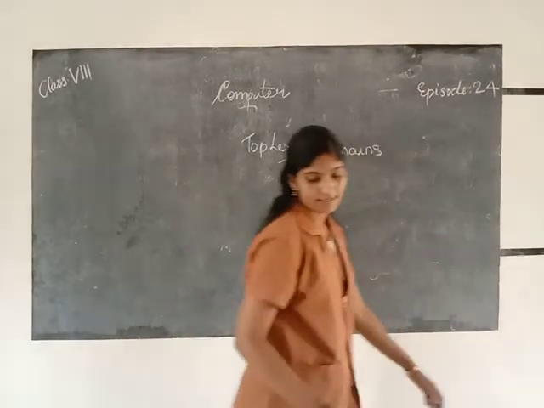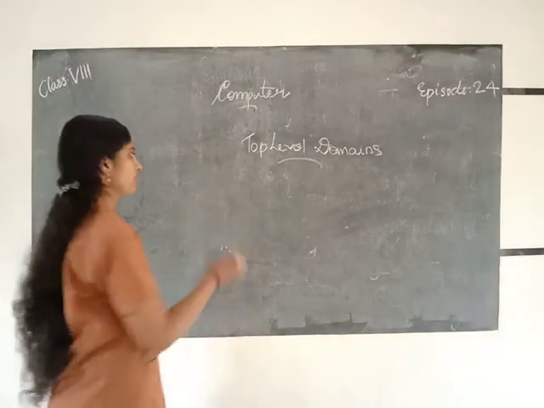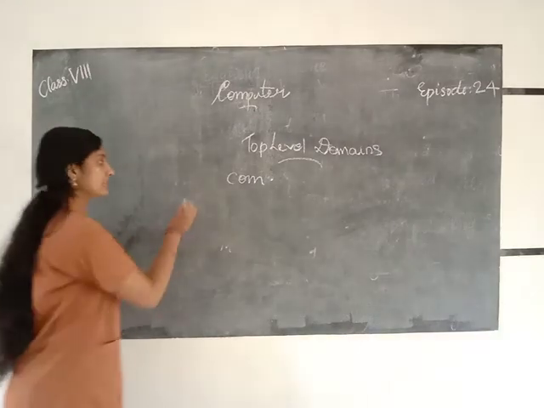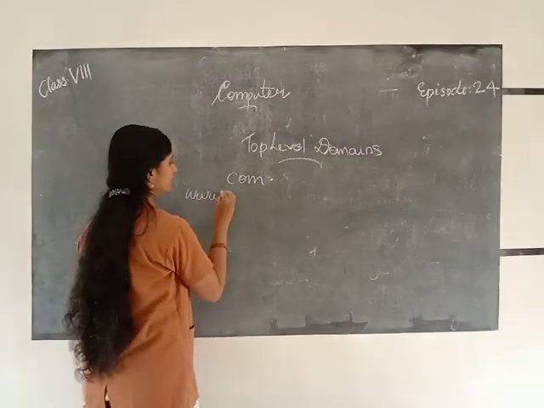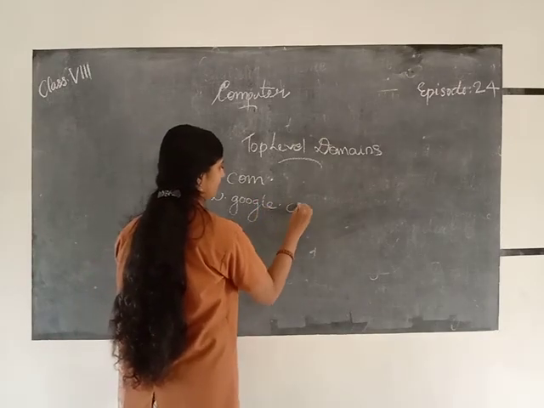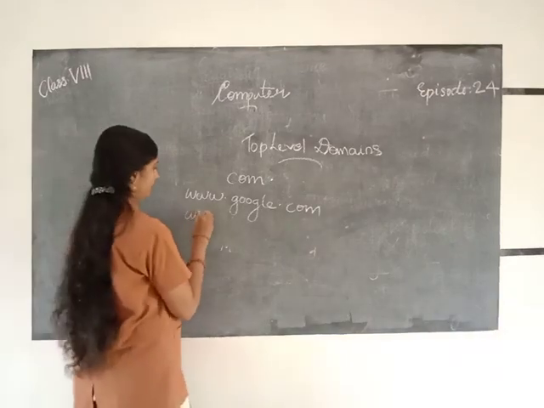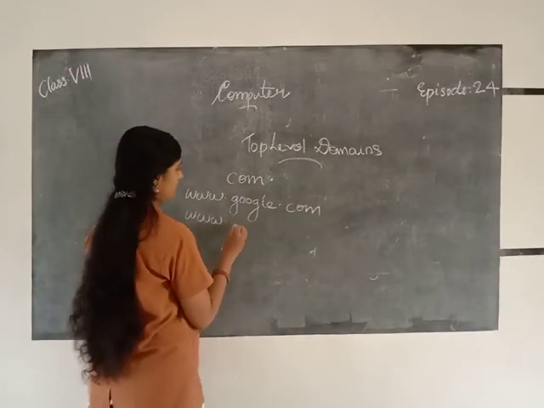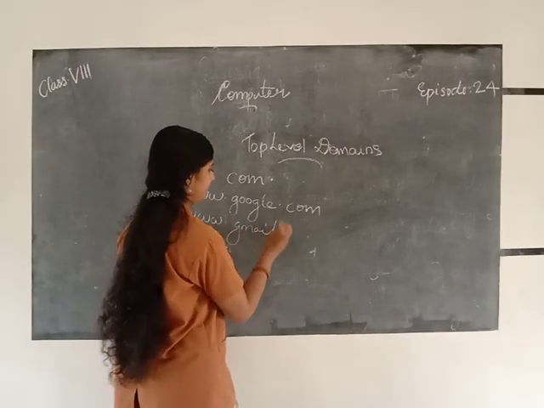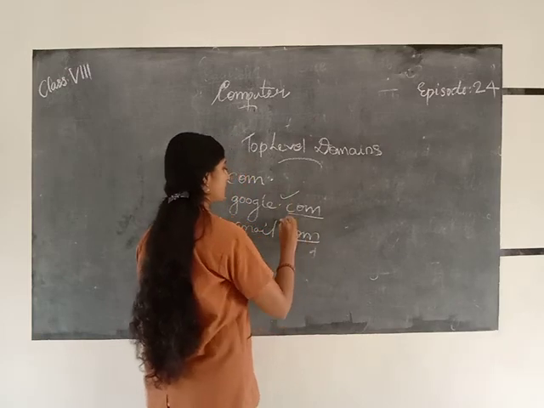First one is .com, C-O-M. We know .com. For example, www.google.com, another one, www.gmail.com. So what is com? What are these types of sites?